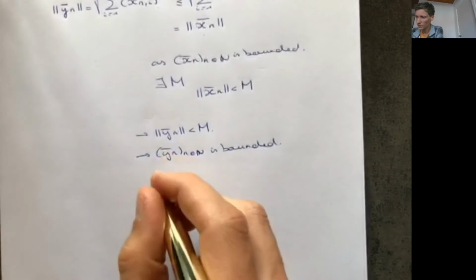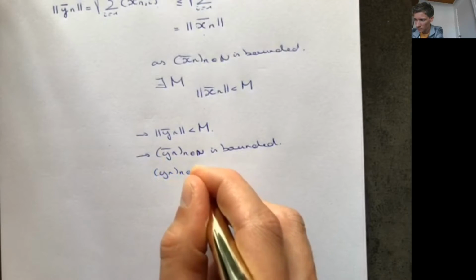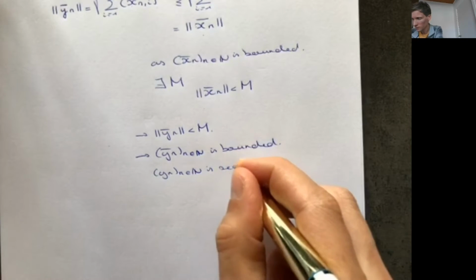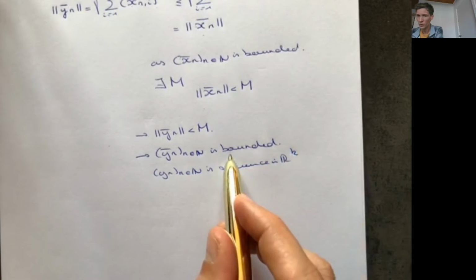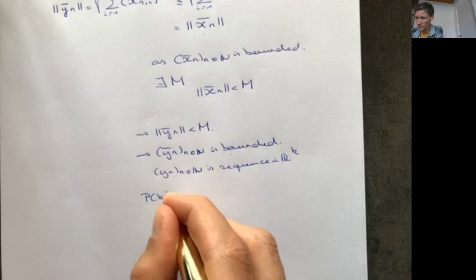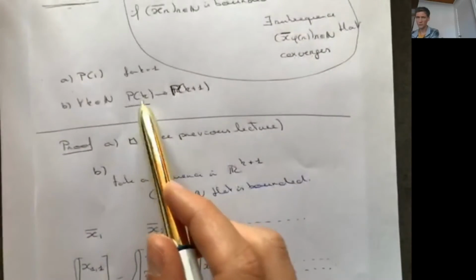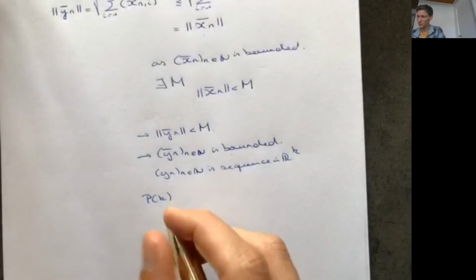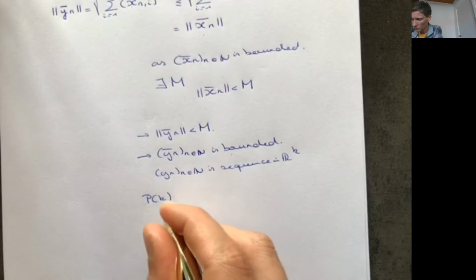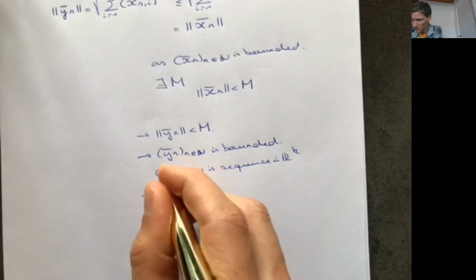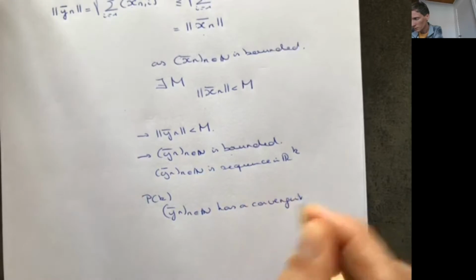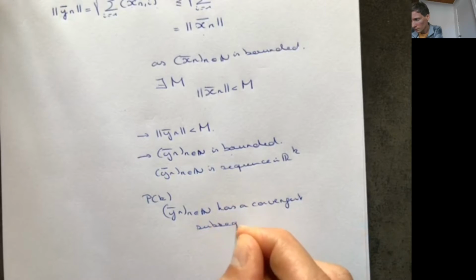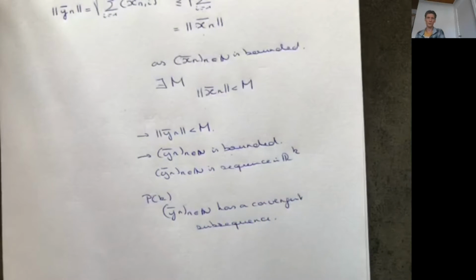So what do I have? I have that yn is a sequence in R^k. I know that yn is bounded, so if I assume P(k), which is what I assumed holds, then I know that yn has a convergent subsequence.